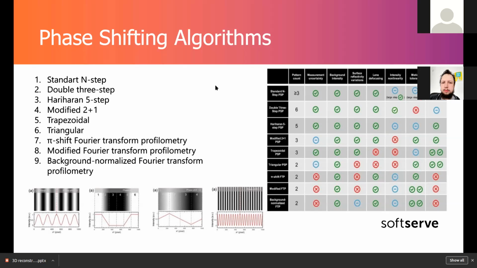In our case, we use the standard n-step phase shift algorithm with n equal to 4. It's the more robust and the most simple method, and it shows quite a good result. But others are more complicated and require better equipment in order to project good patterns.